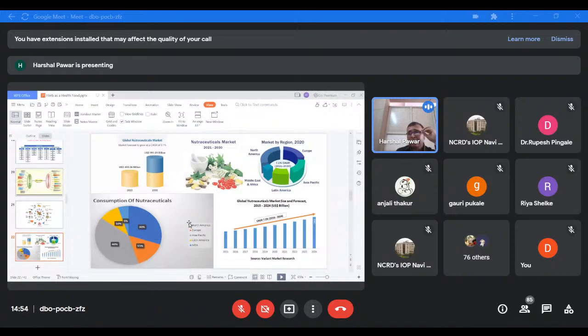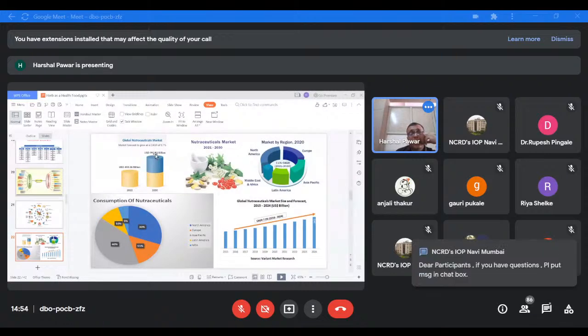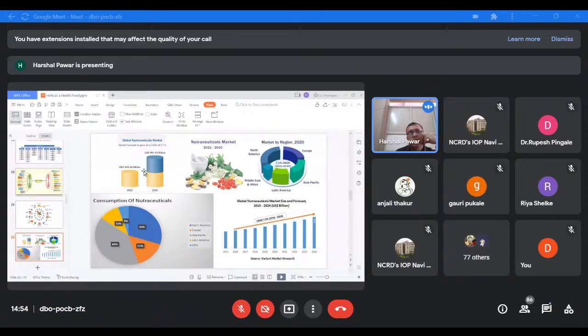Now, just look at the global nutraceutical market. Currently, the global nutraceutical market is around 493 US billion, right? And it is growing at the rate of 9.1%. So it is expected that by the end of 2030, this nutraceutical market will be around 991 US billion, right?